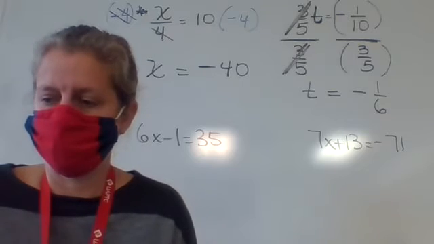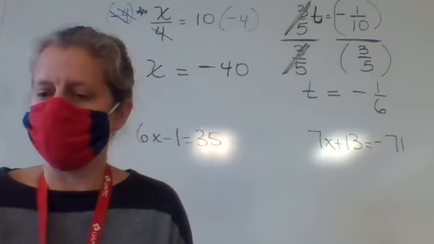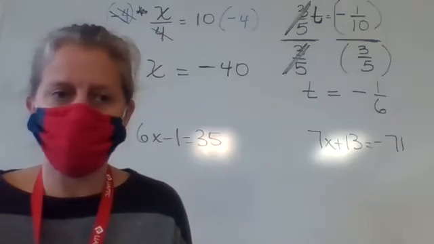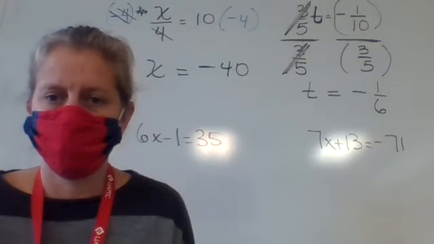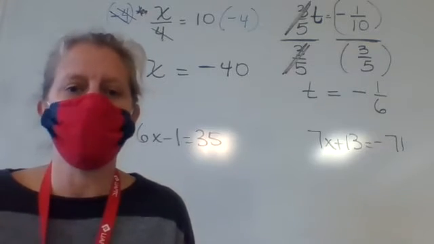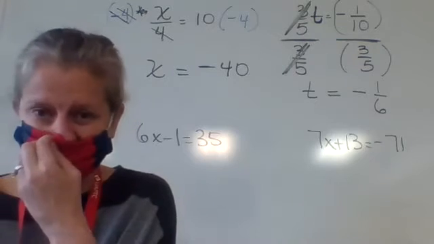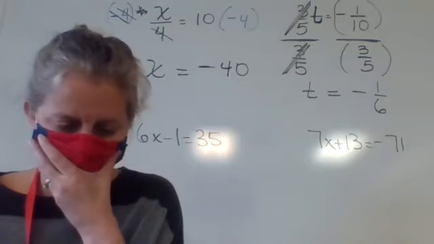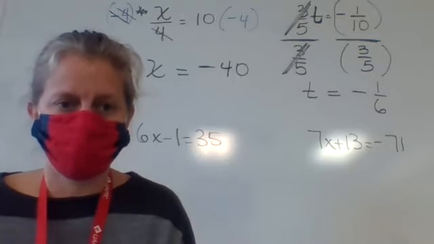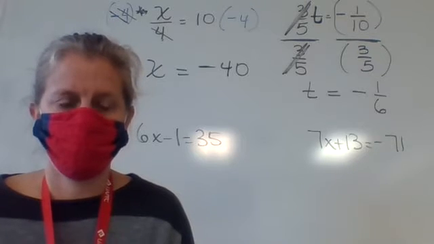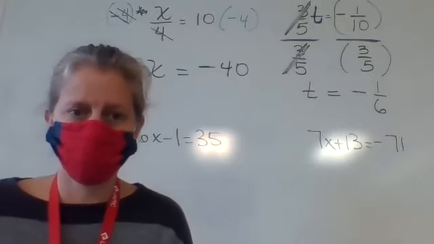After 3 divided by 5, close the parentheses. Then hit enter. Did you get negative 0.1666666, something like that? Now hit math, enter to turn that into your fraction. And it's negative 1/6. That's it.